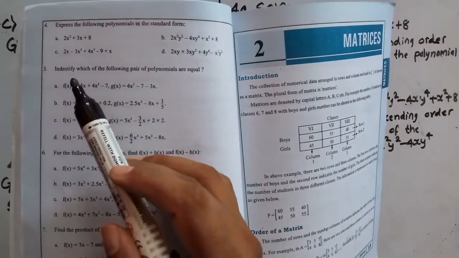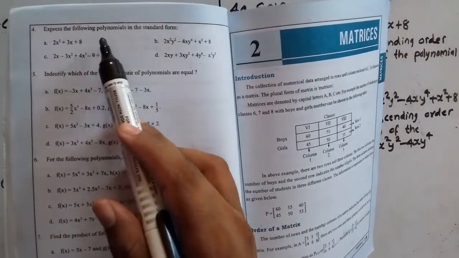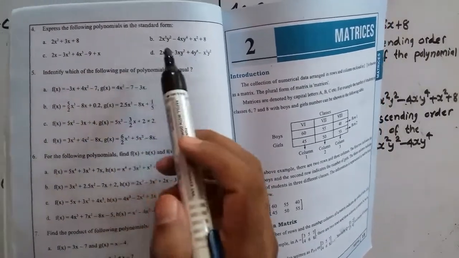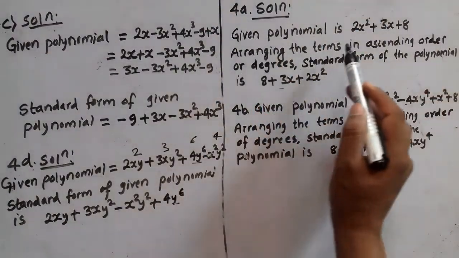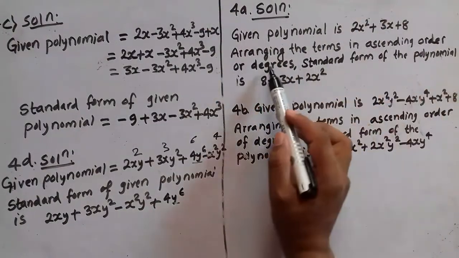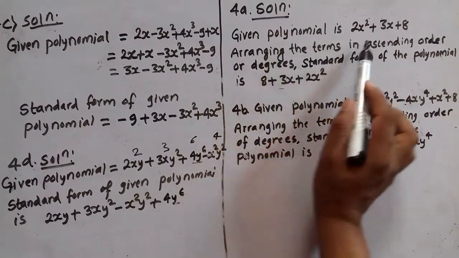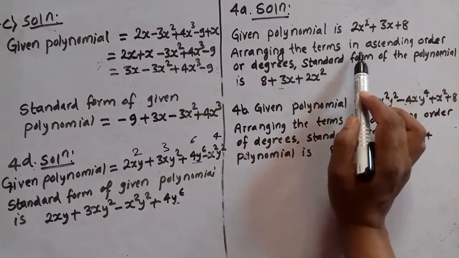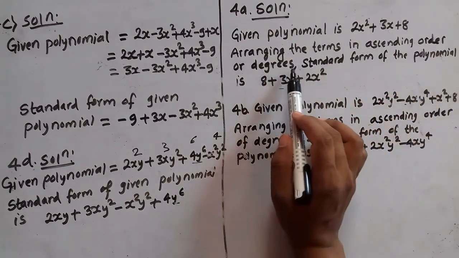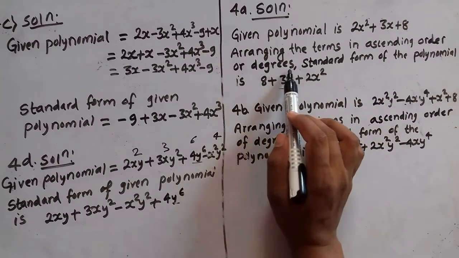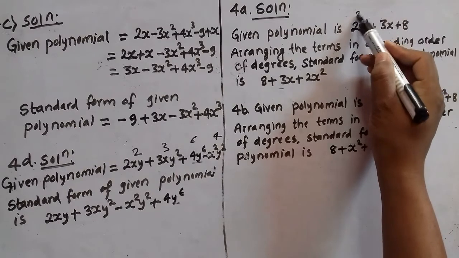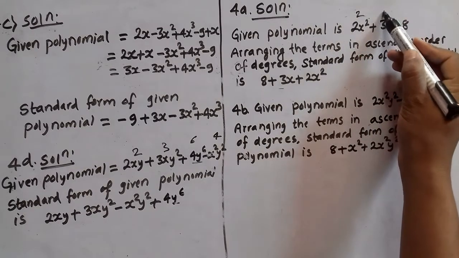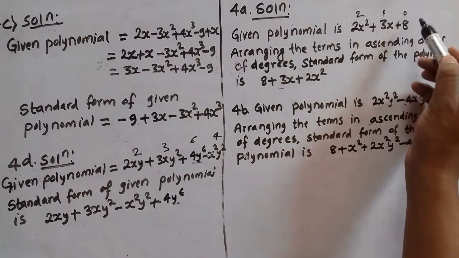In question number 4, we have to express the following polynomials in standard form. In question 4a, the given polynomial is this, and we can arrange it in either ascending or descending order of degrees. Here the degree of this term is 2, of this term is 1, and of this term is 0.